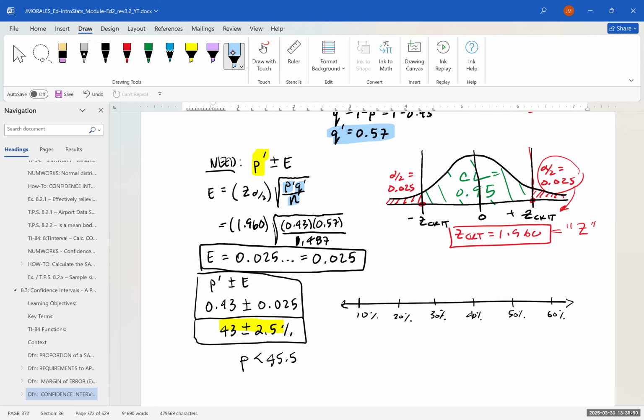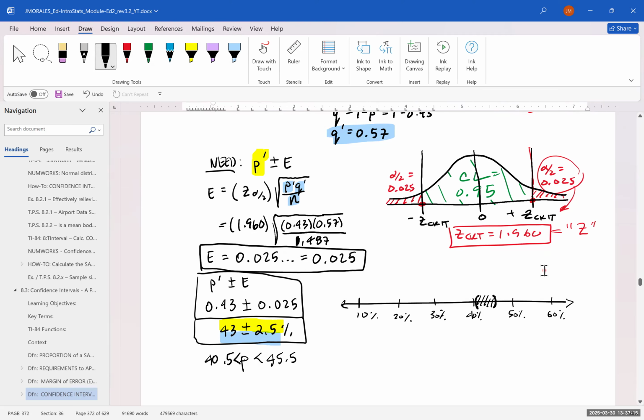And then 43 minus 2.5, which is going to be 40.5, right? So our interval is going to be between 40.5 and 45.5, something like that.